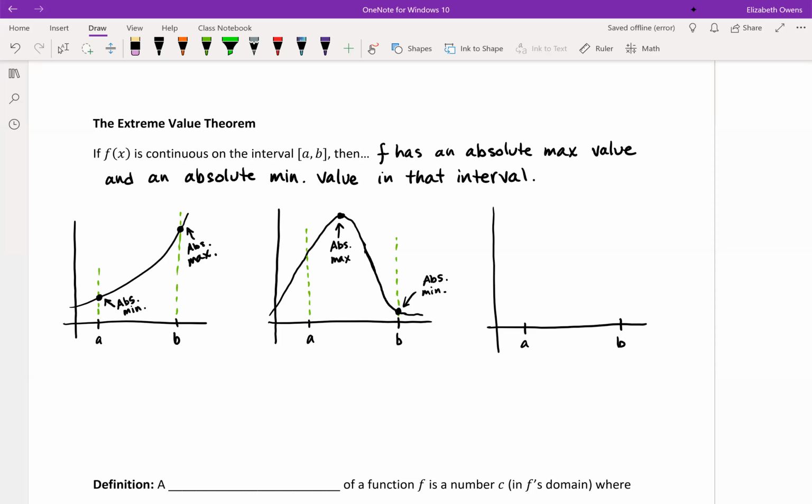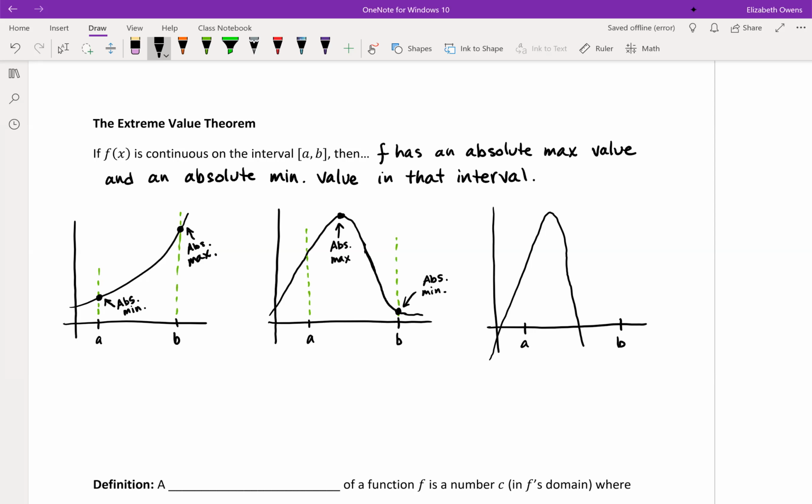Let's see. Okay, so for our last graph here, let me make it a little curvier, and we'll go something like this. Okay, there. Maybe. Your functions don't have to be like anything special here.